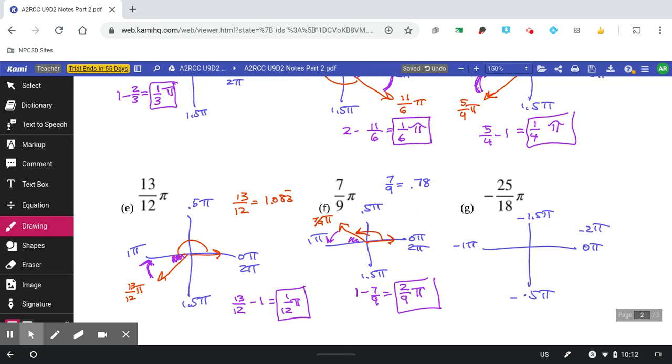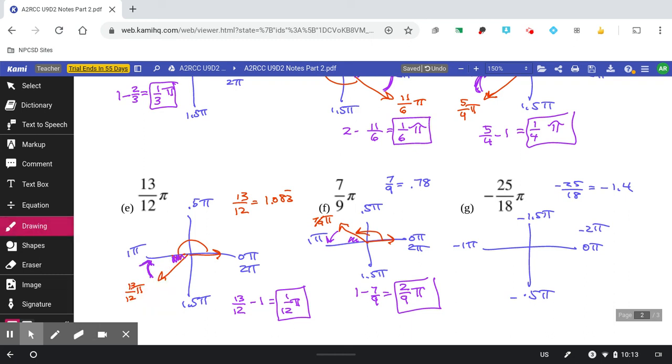All right, so 25 divided by 18. So we're going to go ahead and do 25 divided by 18. And as a decimal, that's going to be equal to negative 1.4-ish. Okay, I'm rounding a little bit here because it doesn't really matter exactly where it goes. Okay, so negative 1.4 would be between negative 1 and negative 1.5.